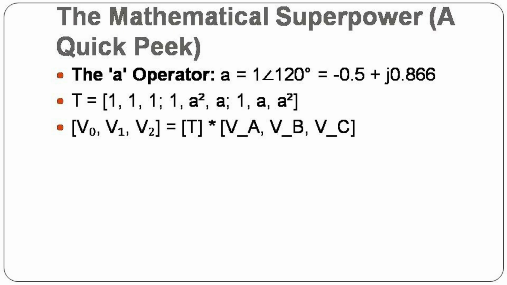As you can see here, T has a first row of 1, 1, 1, the second row is 1, A squared, A, and the third row is 1, A, A squared, where A equals 1 at phase 120 degrees, or in real and imaginary components is minus 0.5 plus j0.866.